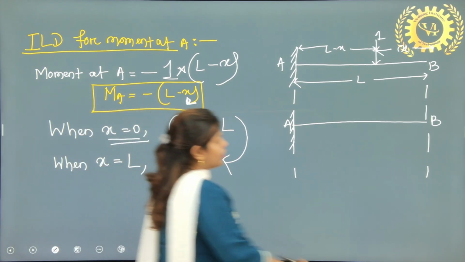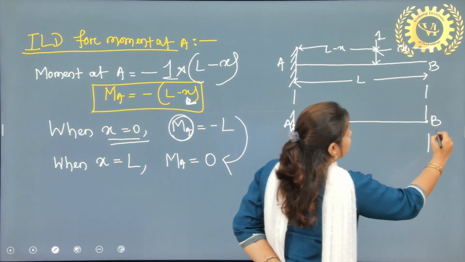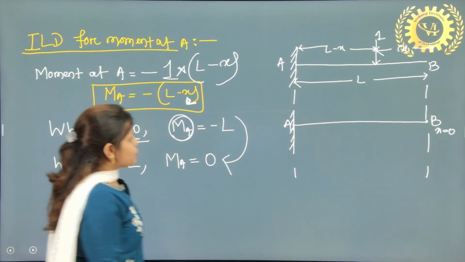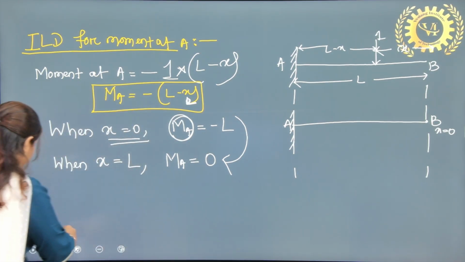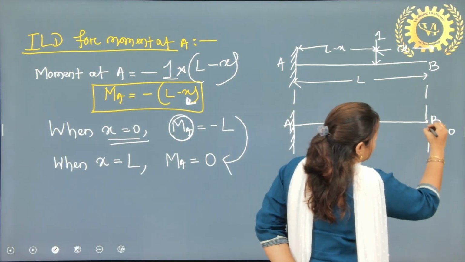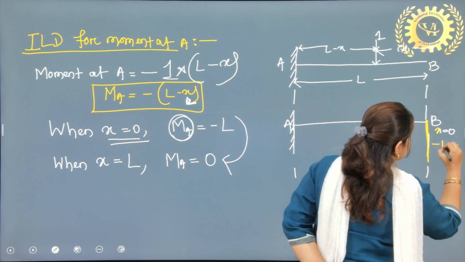So x equals 0 at what point? At this point. So this value is minus L.